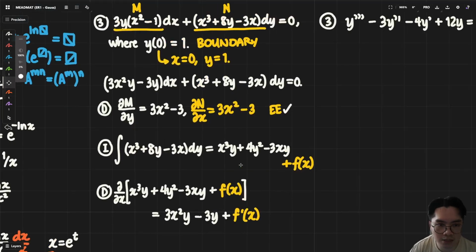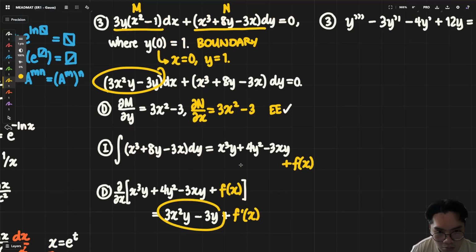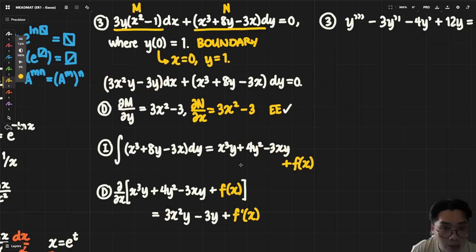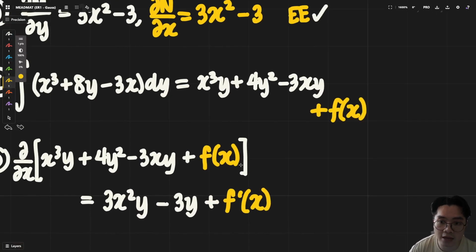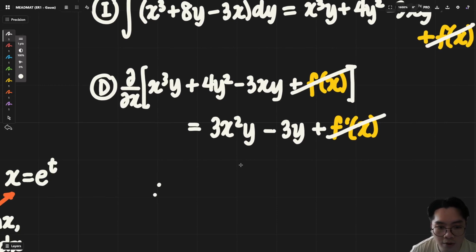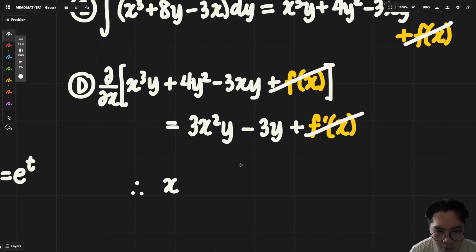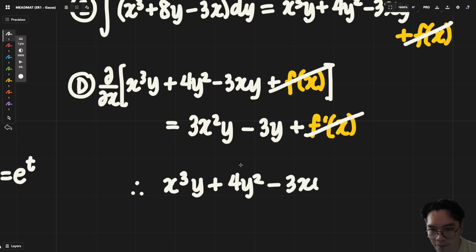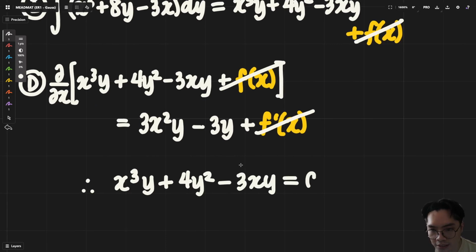But as you can see in here, this is already completely matched with this. Therefore, the only conclusion we can make is that this isn't needed anymore. This is already good as is, which means that our semi-final answer, we're not done yet, is x cubed y plus 4y squared minus 3xy is equal to C.